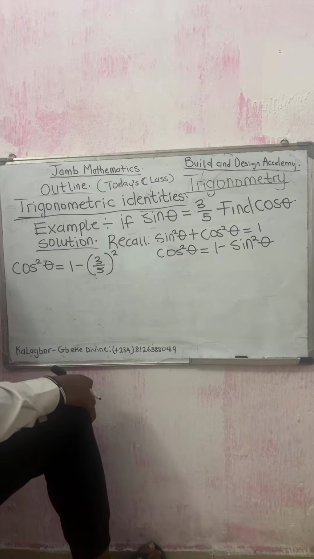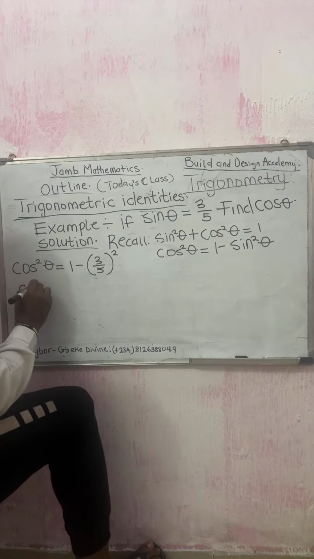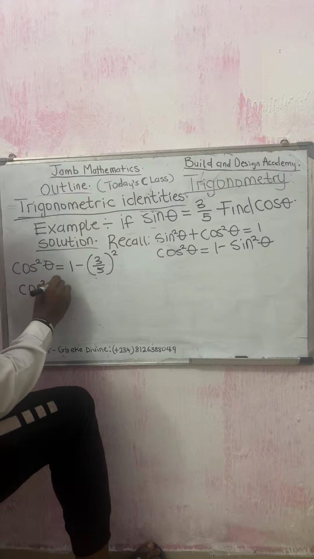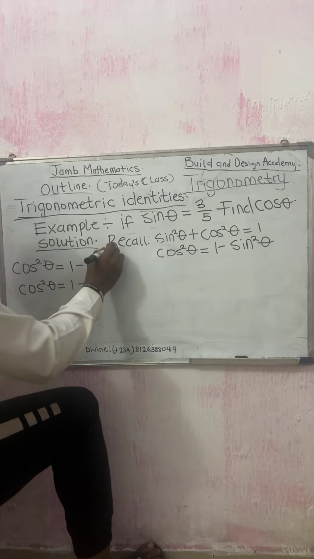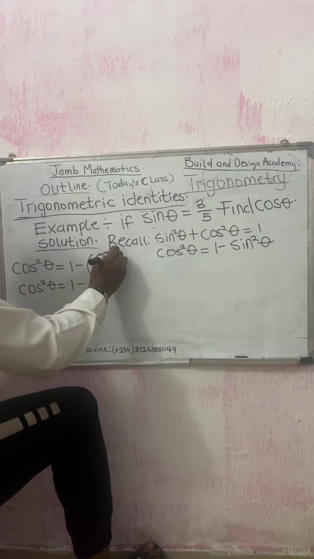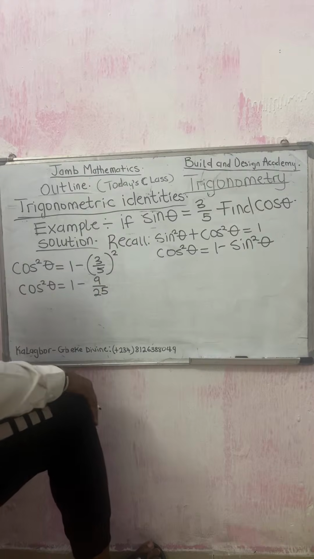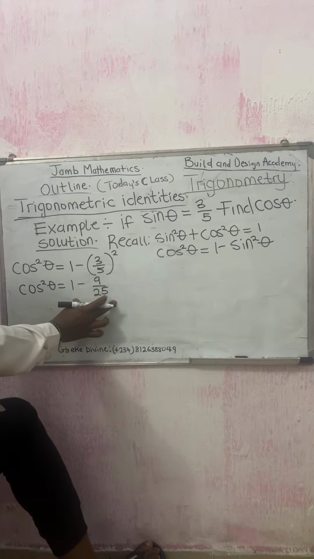The next step is to break it down. Now we'll simplify it. Cos square theta will be equal to 1 minus 3 square, which gives us 3 times 3, that is 9, over 5 square, which gives us 5 times 5, that is 25.